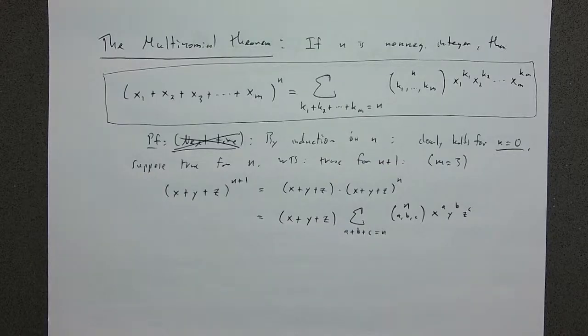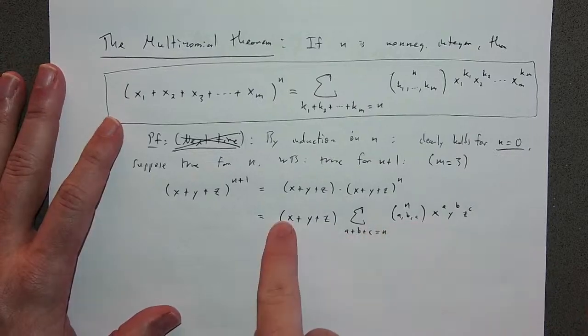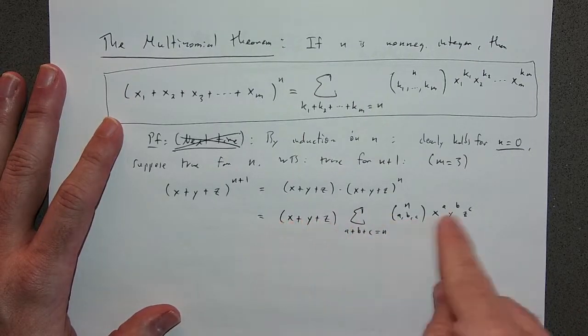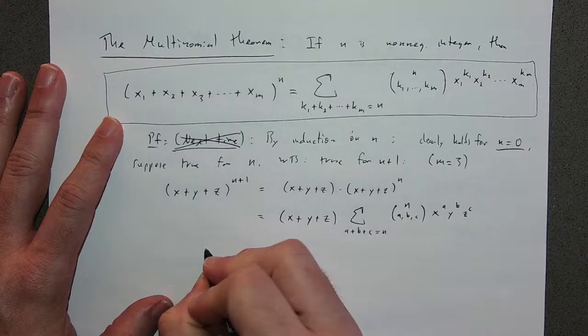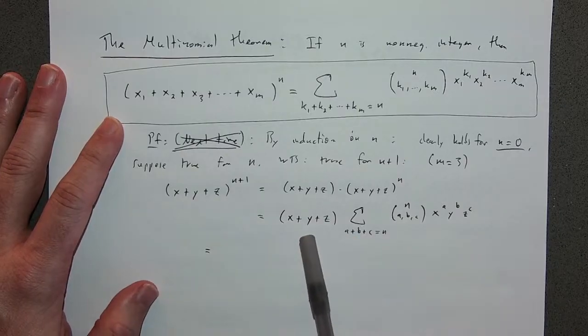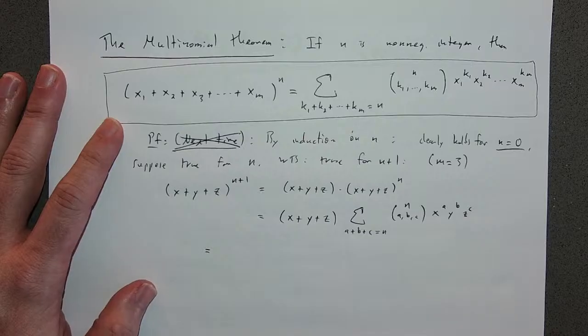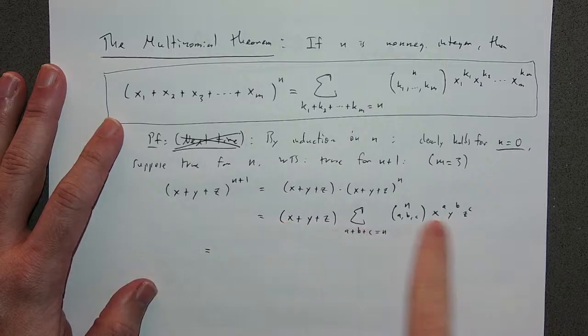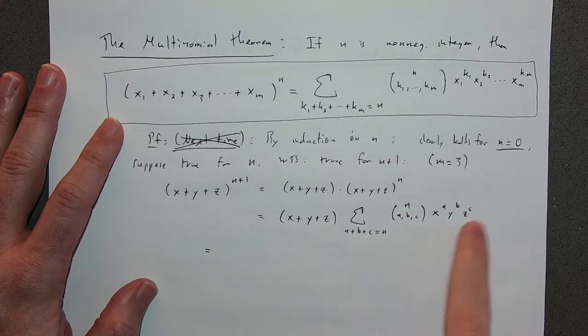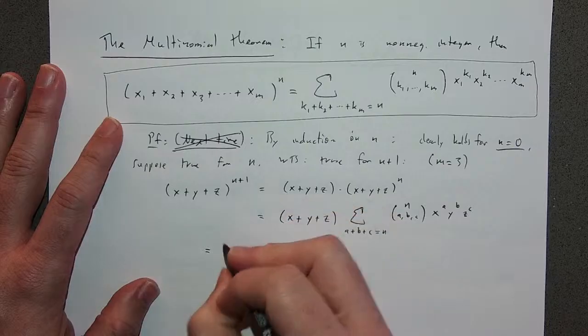Now, the idea here is the same idea that we had in the binomial theorem case, which was we distribute this sum to each of these terms. So I'm going to go ahead and do the simplification here where I have moved x inside, moved y inside in the second term, and z inside in the third term. So I get three sums.